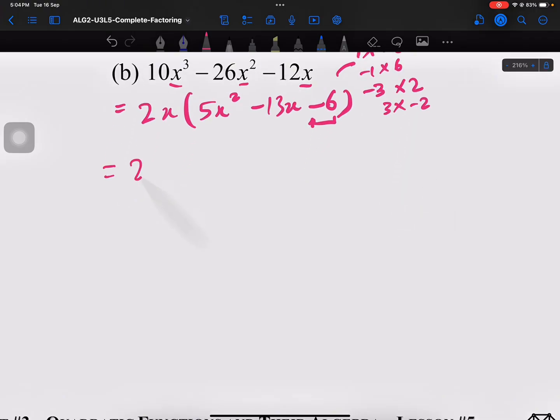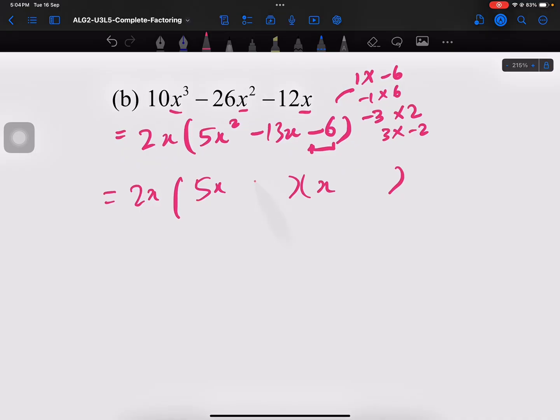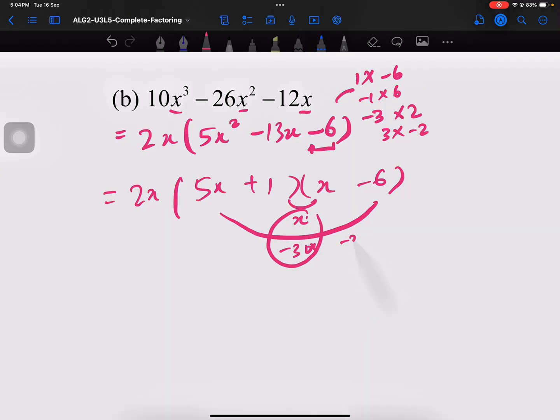So we need to try and error, 5x and then x. First we try with plus 1 and minus 6, x, negative 30. When we add up, it becomes negative 29x. No.